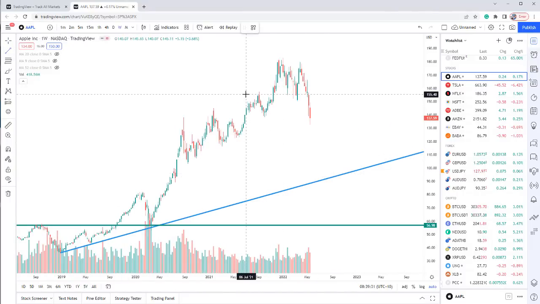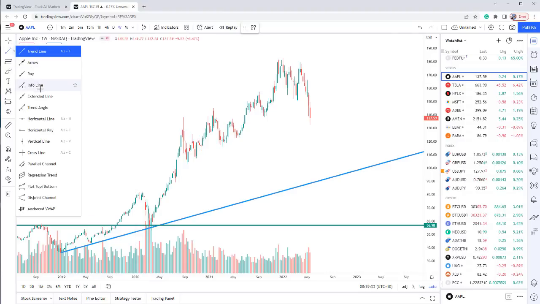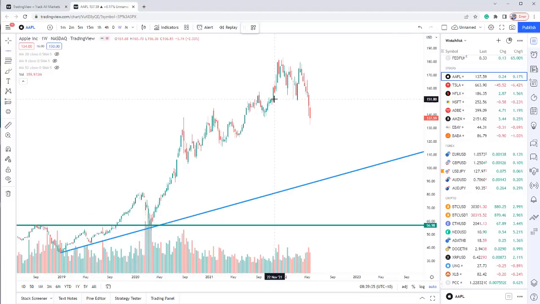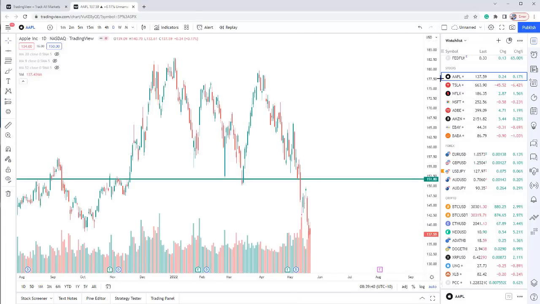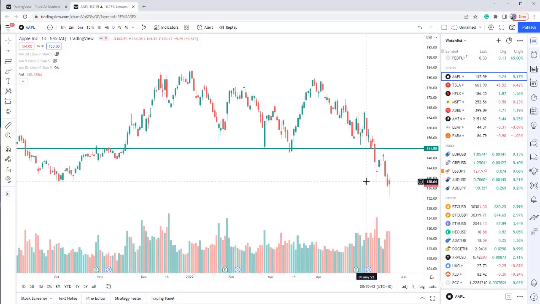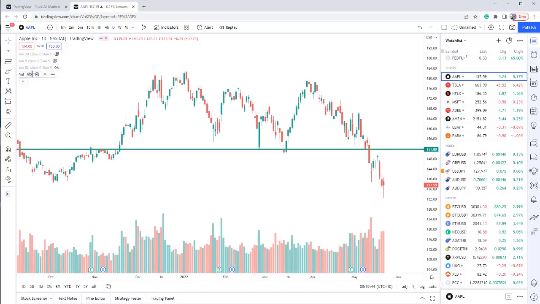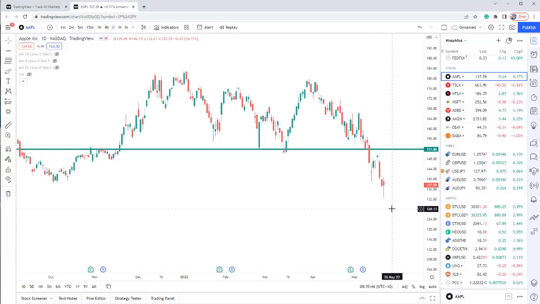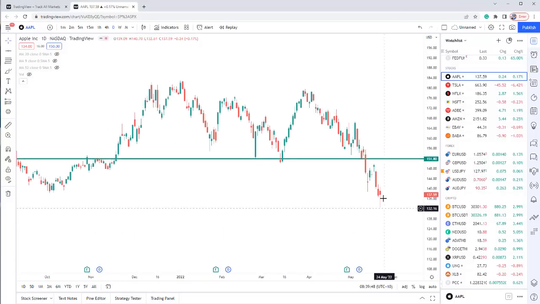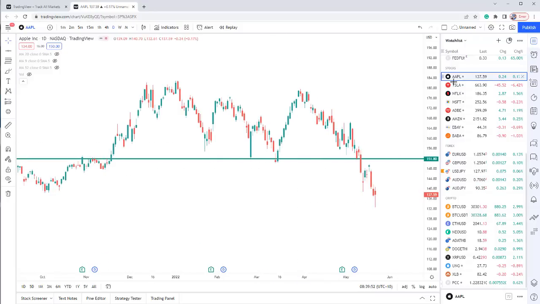But if we do rally out of Apple, the big area for me is that there's a lot of resistance around that 151 level.